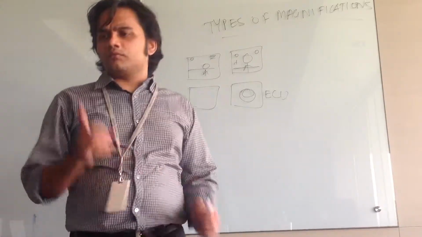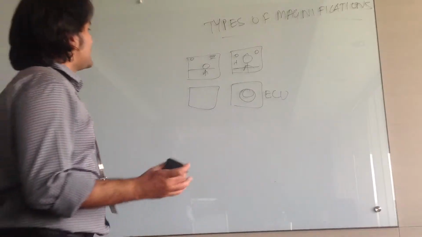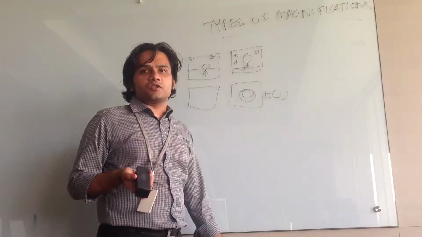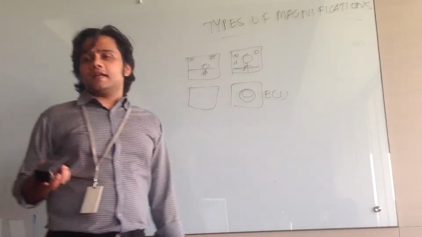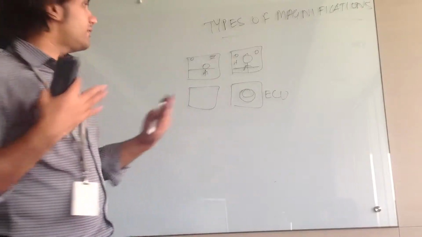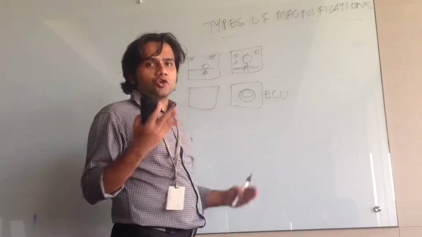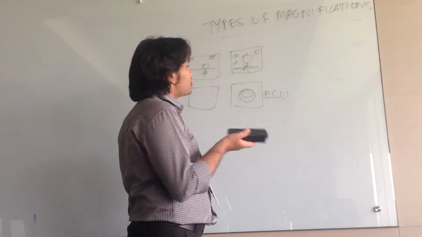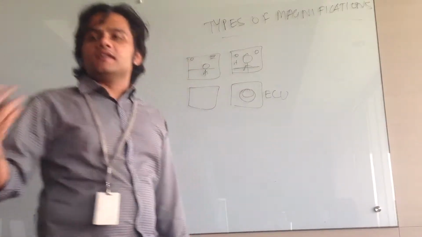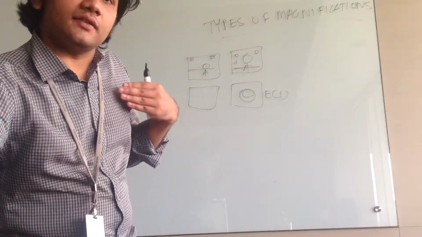But one thing that we need to understand before we wrap up this session on types of magnifications is that when you are sequencing these shots, you should make sure that a wide is always cut with another wide.